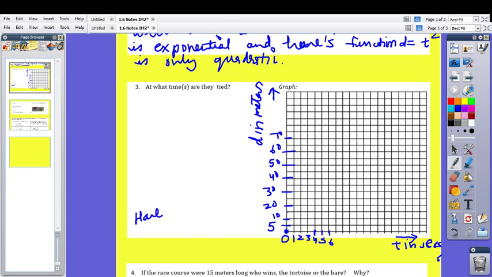When t is 1, this is 1, which is somewhere here. When this is 2, this is 4. When this is 3, this is 9. When this is 4, this is 16. When this is 5, this is 25. And when this is 6, this one will be 36, which is right here. Okay, so now let's graph it.